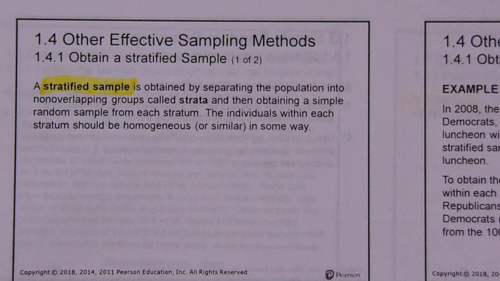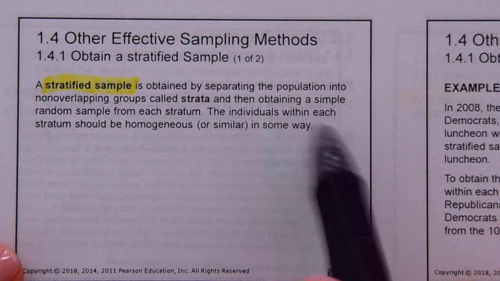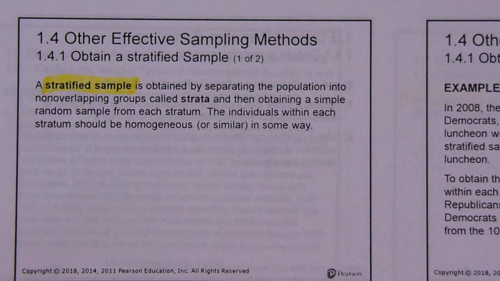So stratified is taking groups that are already in place, and then within each of those groups, you're going to choose a simple random sample. So instead of numbering off all Midland College students, you're just going to take the males and the females, number off all the males, get a sample of 30 of them.